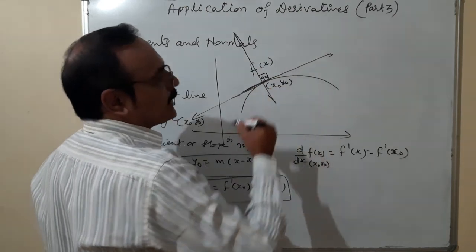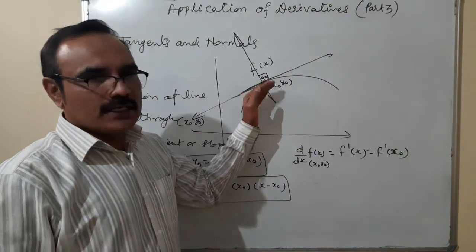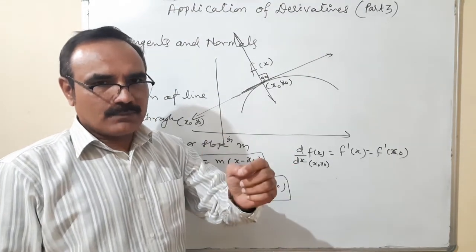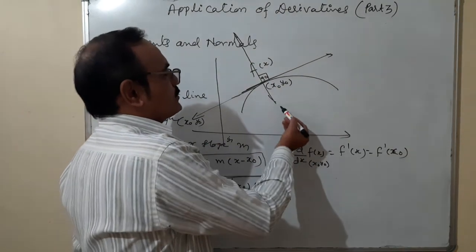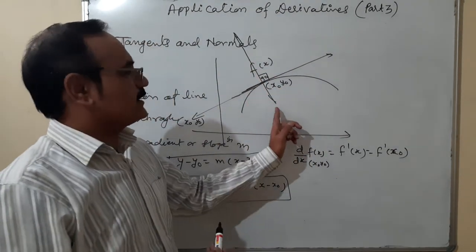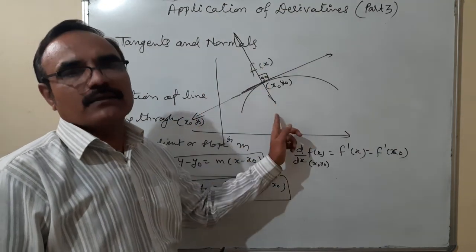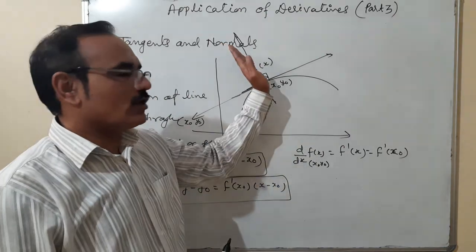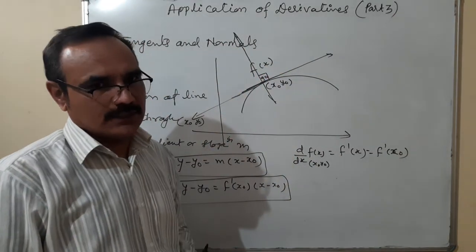A normal is always at a 90-degree angle to the tangent, because the tangent is parallel to the surface. So this normal is always perpendicular to the tangent, making 90 degrees with each other.